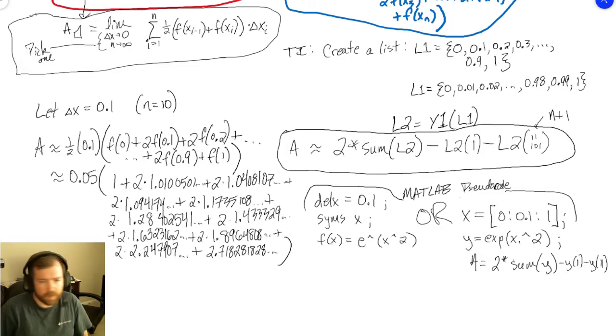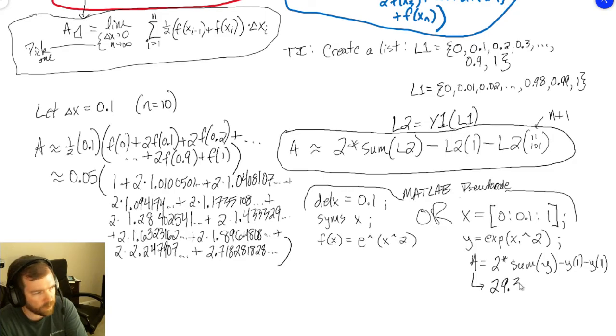Yep, okay, cool. So then we do a equals twice sum of y minus y sub 1 minus y sub 11. Alright, cool. So this returned a value of 29.343.